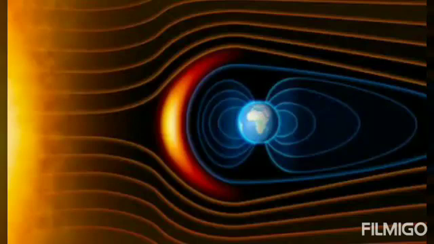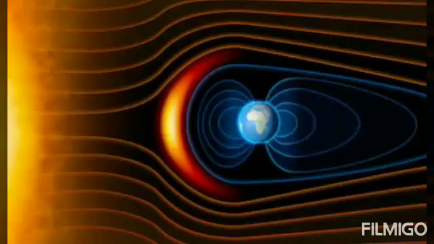Now, what is the geospace? Geospace is the shape of the magnetic field of the Earth. The side of the Earth which faces the Sun, in that part, the magnetic field is squeezed by the incoming solar wind, and the part of the Earth which faces the opposite direction from the Sun, the magnetic field of Earth in that part is elongated.